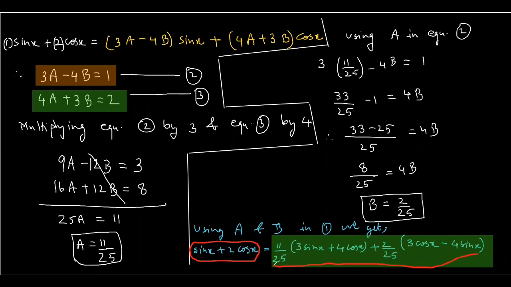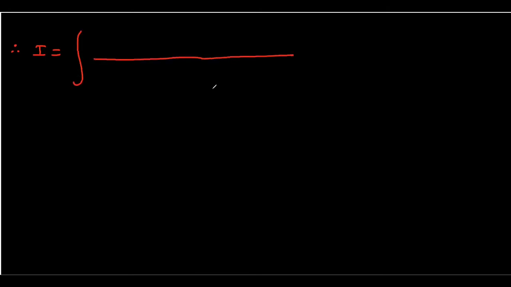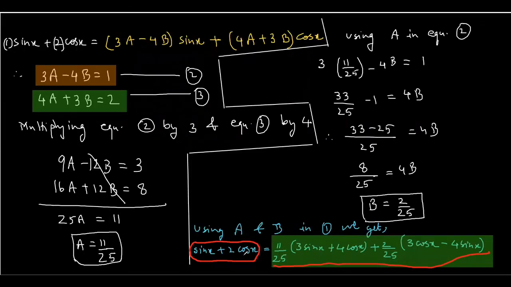So the integral will change. Try to understand. The new integral will be, I equals to, you remember what the numerator was? The numerator was sin x plus 2 cos x. But don't write it, write this in full.